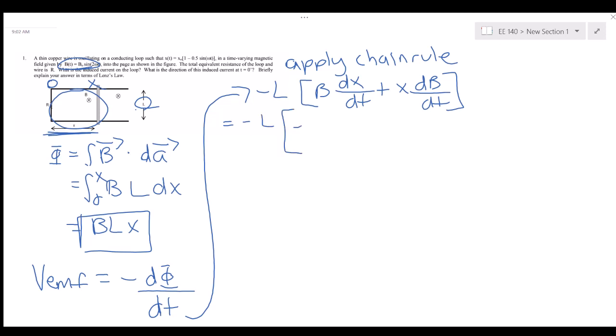So then B, and then the time derivative of x, which is x naught times (1 minus 0.5 sine omega t).